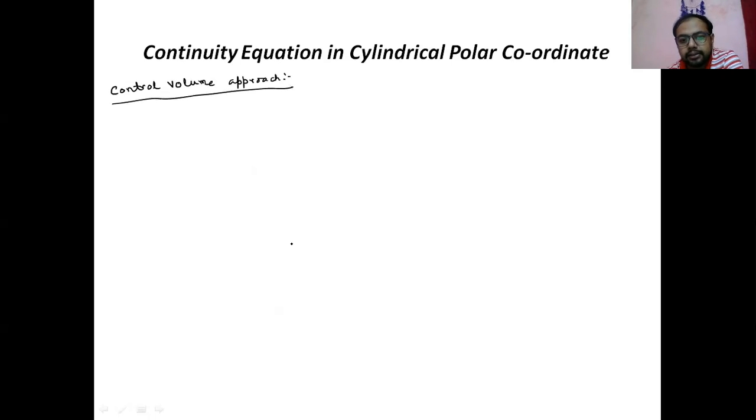Here you consider one section, extending the radial portion, at r, in the polar coordinate system.